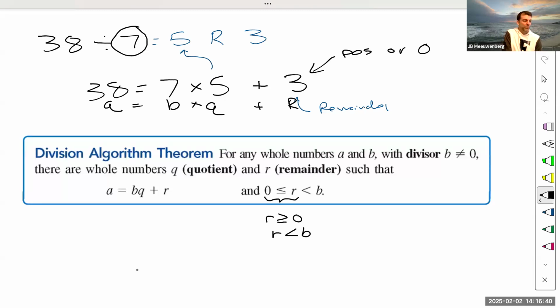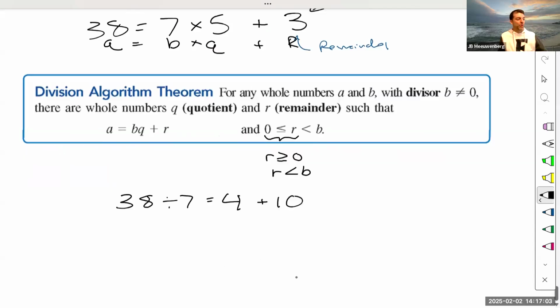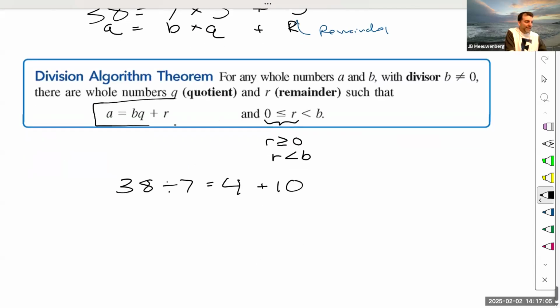An example where we could do that wrong, if I said 38 divided by 7 is equal to 4, well, 4 times 7 is 28, and we'd have 10 more to go to get up to 38. I'm sorry, I forgot to write the 7. Oh yeah, no, that was right. 4 plus an additional 10, right? If we wrote it like this, we could say 38 is equal to 7 times 4 plus an additional 10.